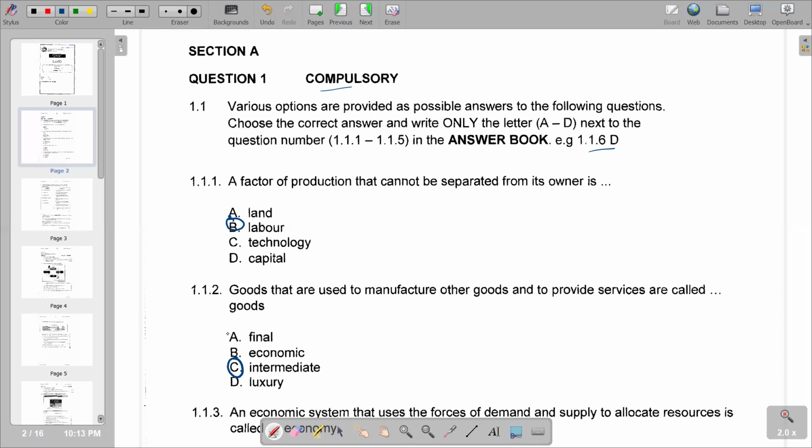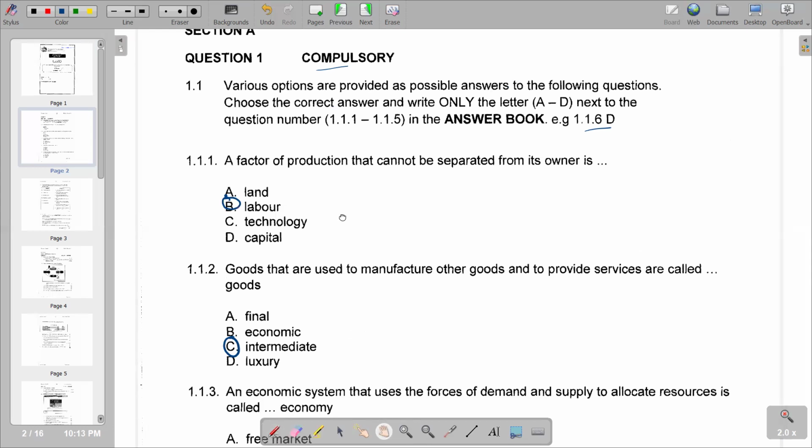So anything that comprises parts of production and comes as unfinished items, we call intermediate goods. This is exactly as the question is trying to illustrate: goods that are used to manufacture other goods and provide services are called intermediate goods. Intermediate goods are used as inputs in the production of other goods. So basically that's what we have on 1.1.2.